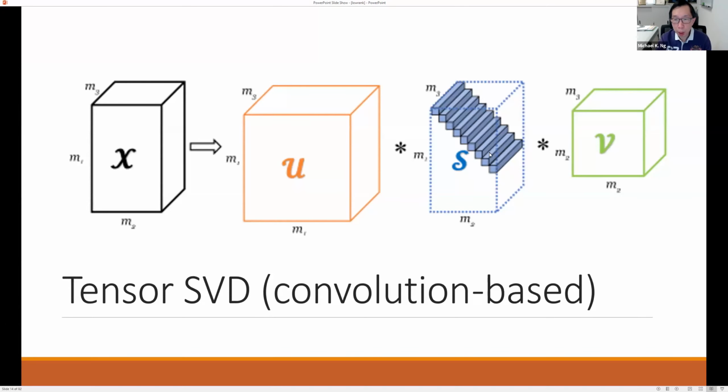And also here S looks like a diagonal form, but of course now instead of looking at a number, we look at a tube, a set of numbers. So you still form a diagonal form of the tubes. So it's very, very close to the matrix SVD, the analog.